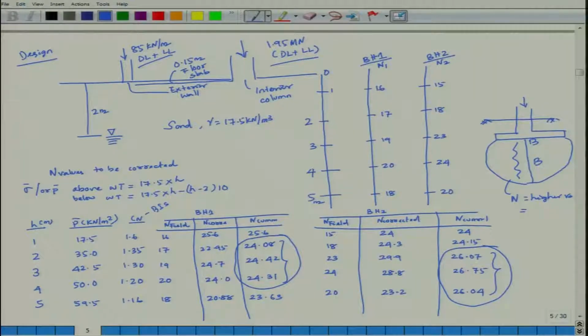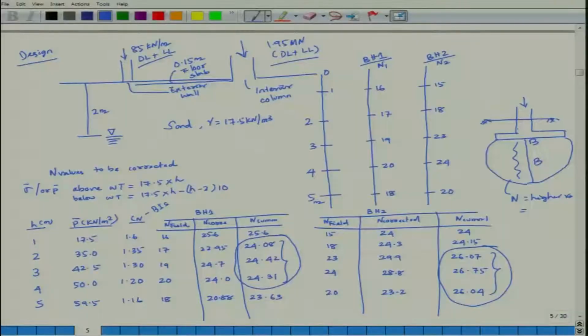So, the calculation has been made for borehole 1 and borehole 2 based on your SPT, and N cumulative has been calculated. Looking at the profile where we are getting a consistent value of N, within that region this pressure bulb should cover.